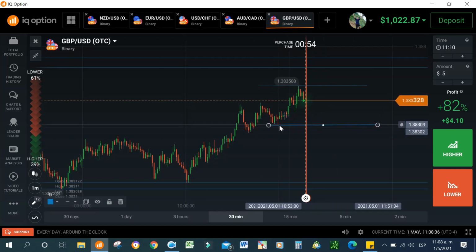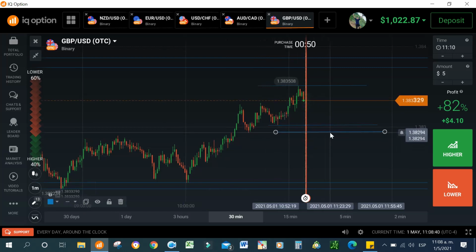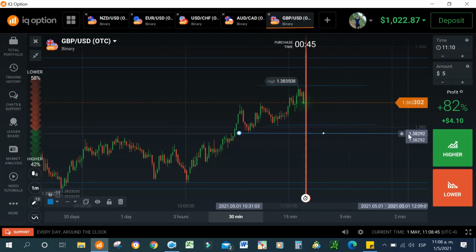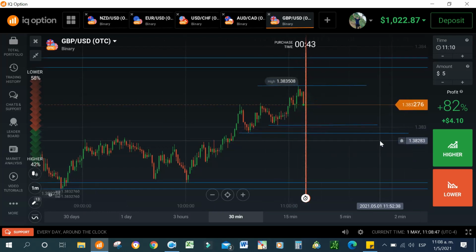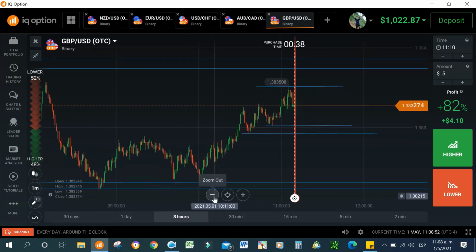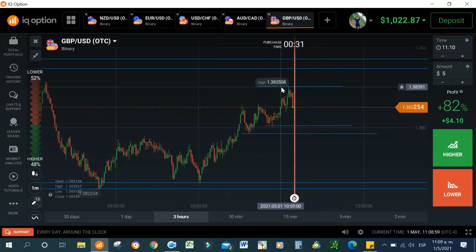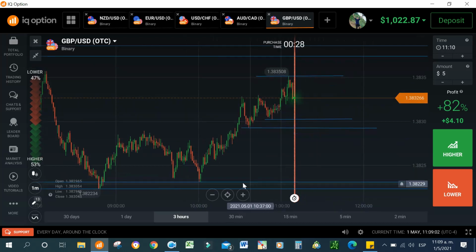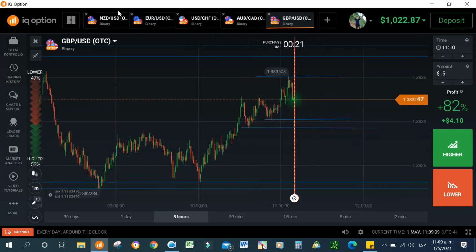Alright, so we have another low here, and I can double this line to trace this support. So as simple as that. So what I usually do is to wait until the price touches one of these lines, and see how the market reacts on these areas.